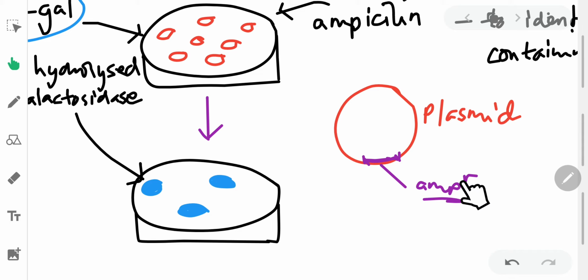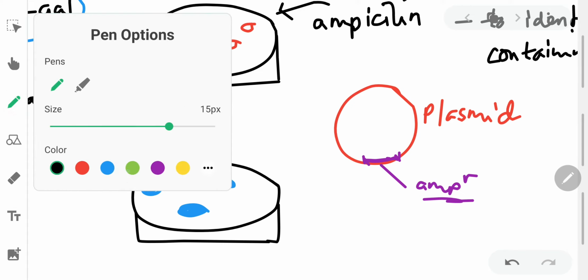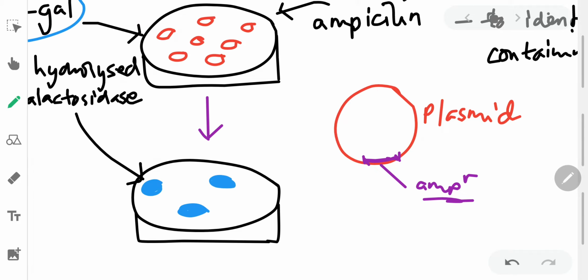The plasmid has one region, we call it MCS. MCS is the multiple cloning site.